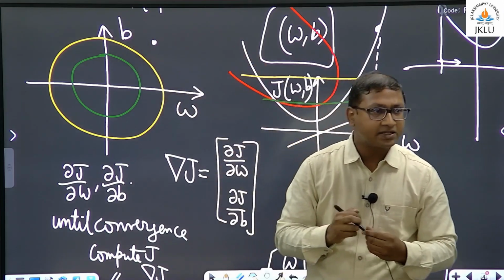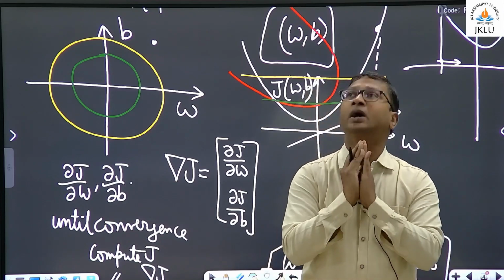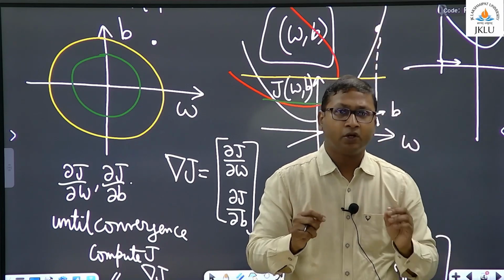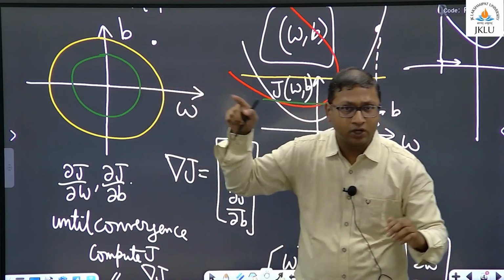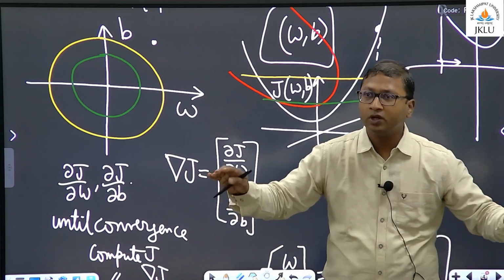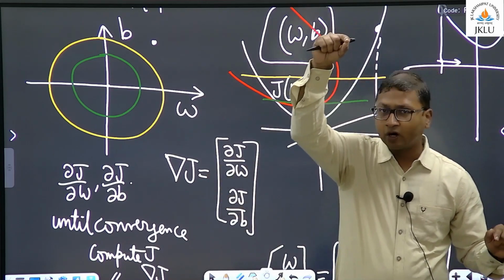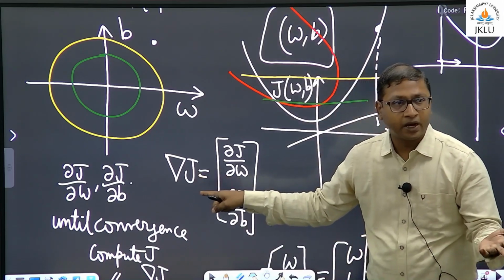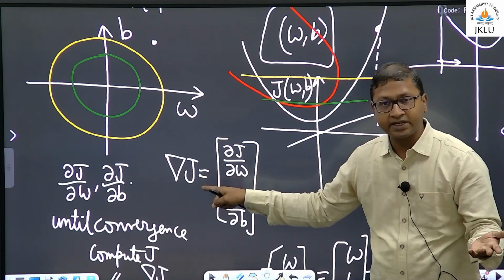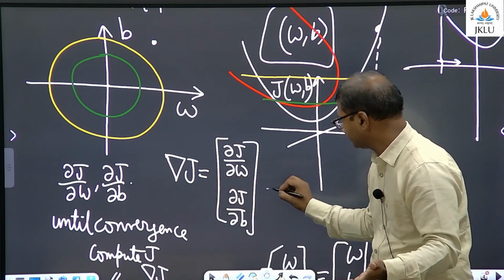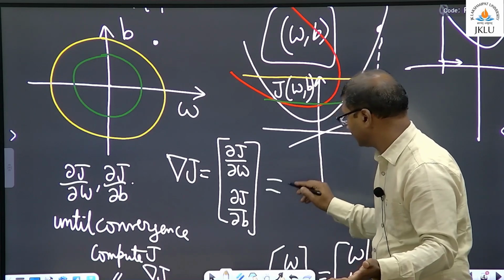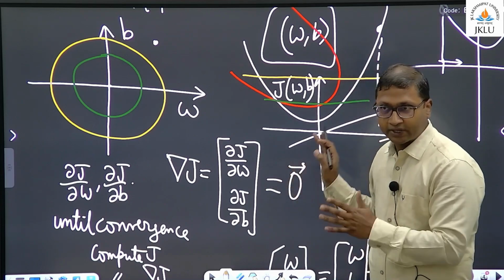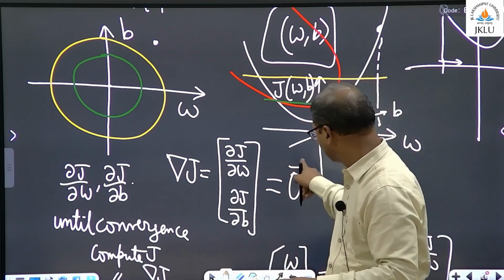And of course, you can look up and see what is the height of the cost function. You want to reach a particular point on this floor where the value is minima. How do we characterize minima? Grad J is 0. So if grad J is, I won't be writing this vector other than here.